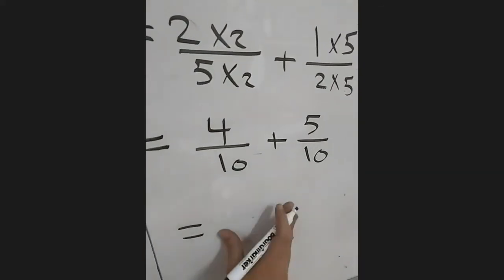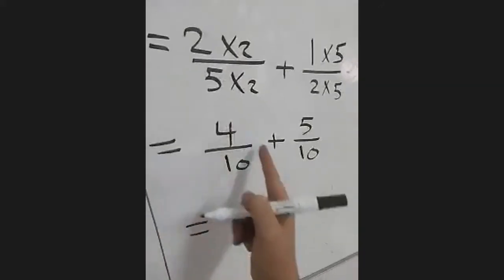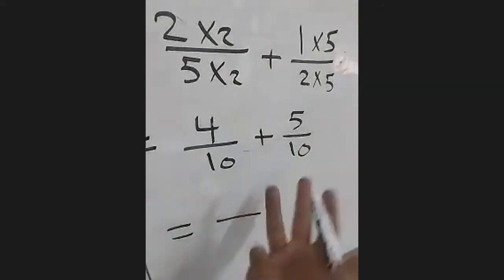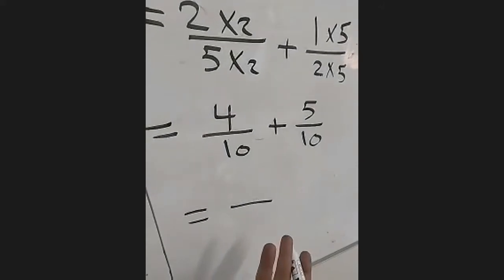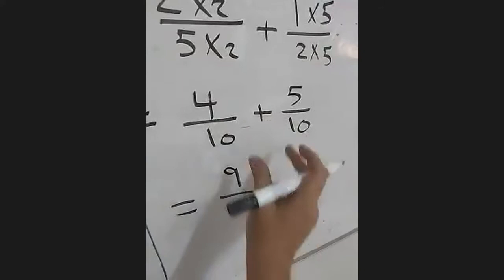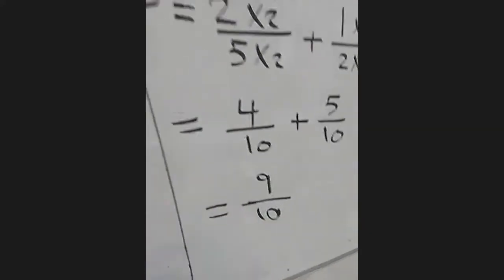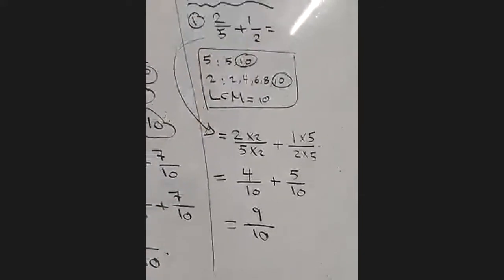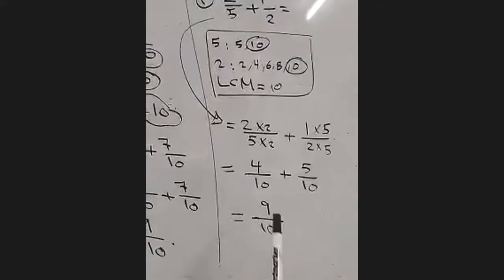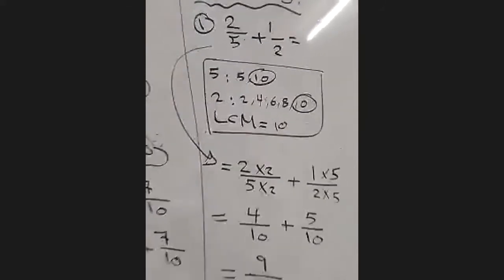We put a line. We add up: 4 plus 5 equals 9. And down, we don't add. We take one number. Do you understand? Yes. So what's the answer? 9 over what? 10. We put it here.